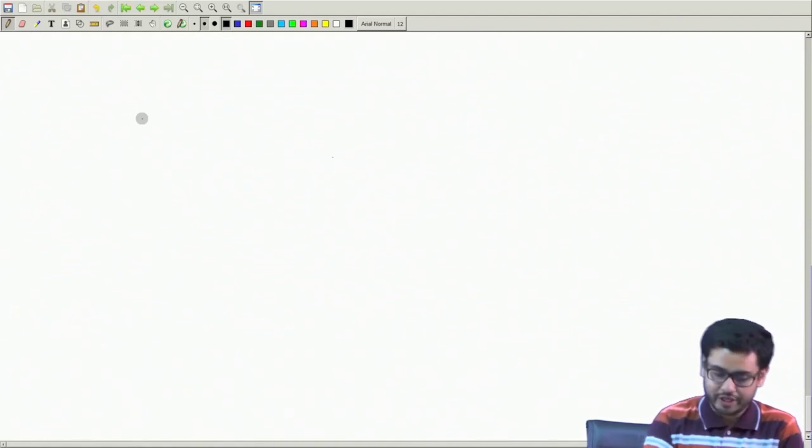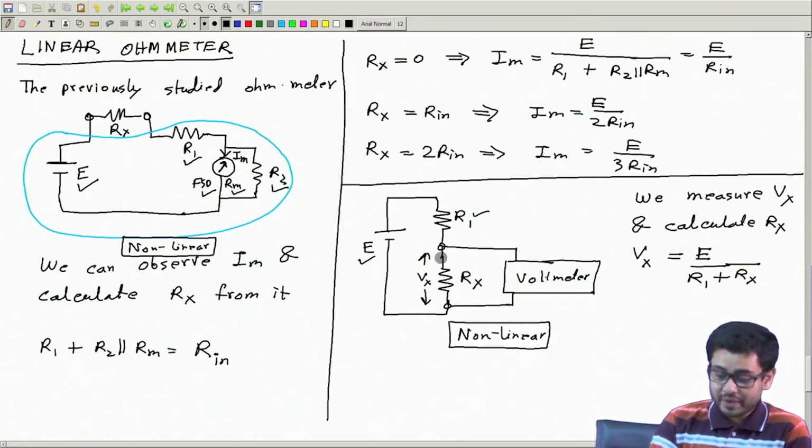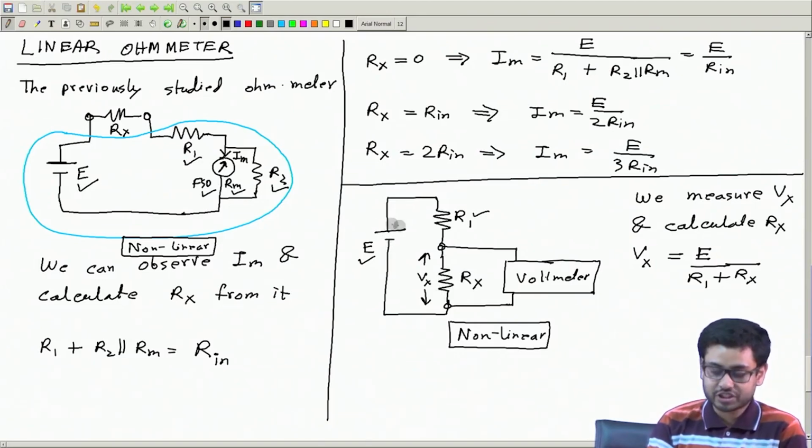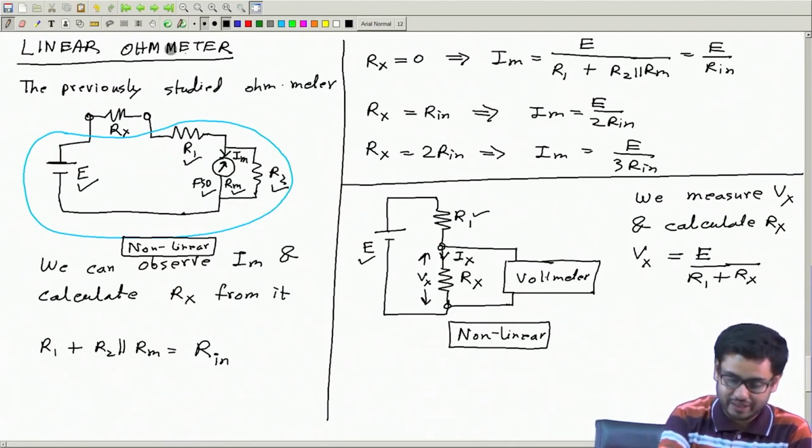In the previous circuit, we are measuring the voltage across Rx, and the current that flows through Rx is generated by a constant voltage source. But if we can generate this current, call it Ix, from a constant current source so that Ix is constant, then something nice will happen.